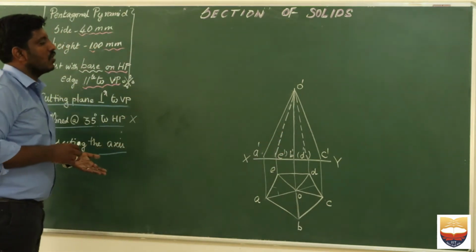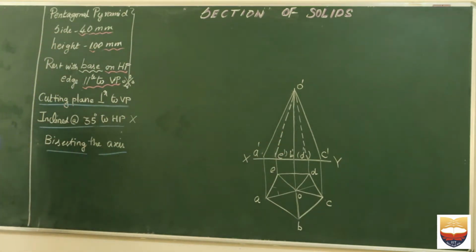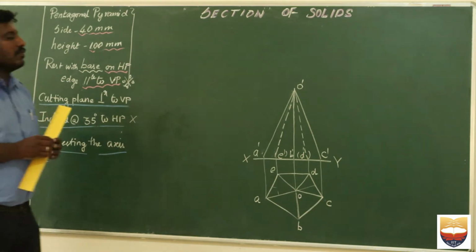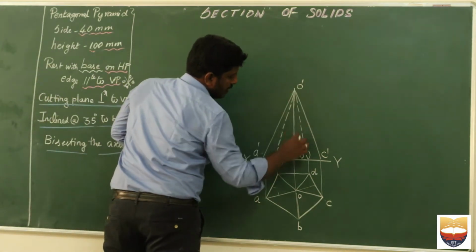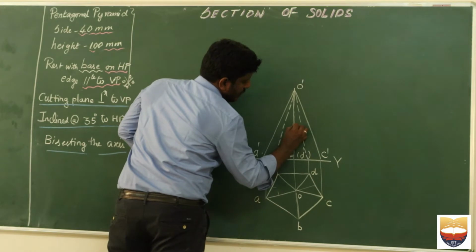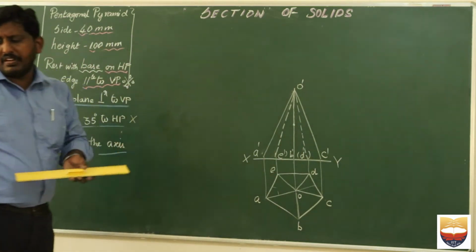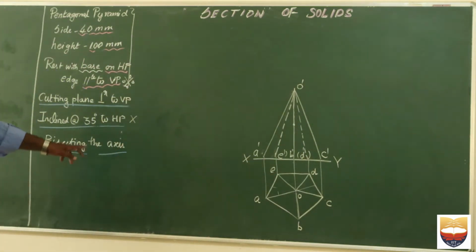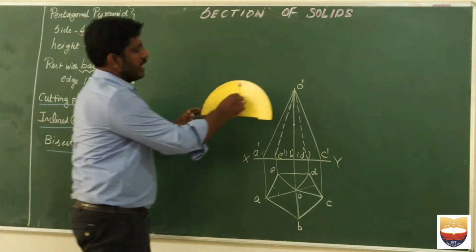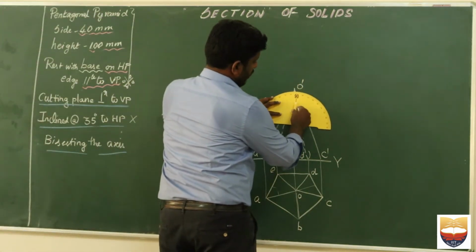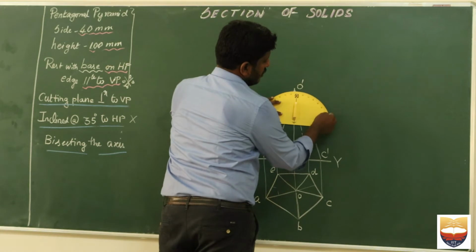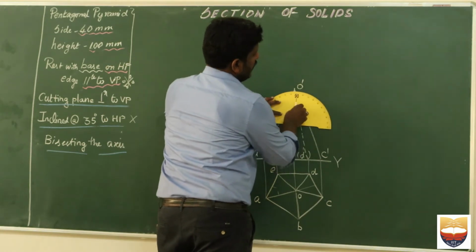Now let us try to draw our section view, for which I am going to take the midpoint of this particular height. So let me take the midpoint. Okay, after taking the midpoint, I have to use my protractor and I have to take 35 degrees. So it is approximately here.